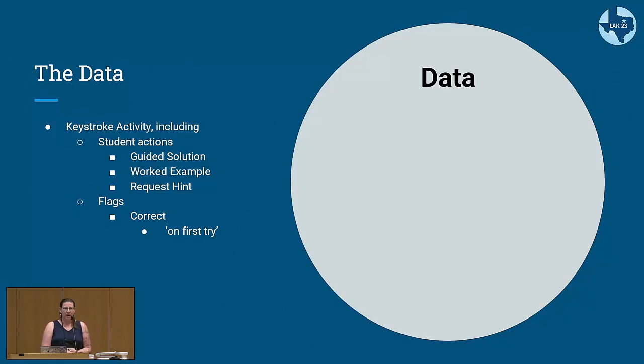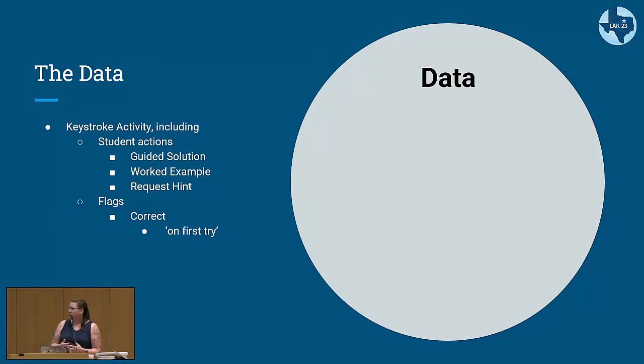So the data we had was keystroke activity as students were working inside an online platform, mostly in a homework or practice setting, but also things like quizzes and some of their exams.